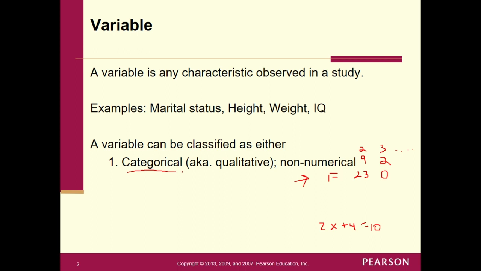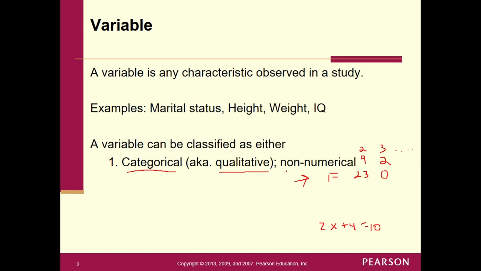But you might get into another class, and it might be called qualitative. Whenever something is possibly called something else in another class, I will bring that up to you throughout the course. So don't panic if you get into another course and the professor starts talking about qualitative variables. That's just categorical. I'm not going to use qualitative ever again because this book uses categorical, so that's what I'm going to use.